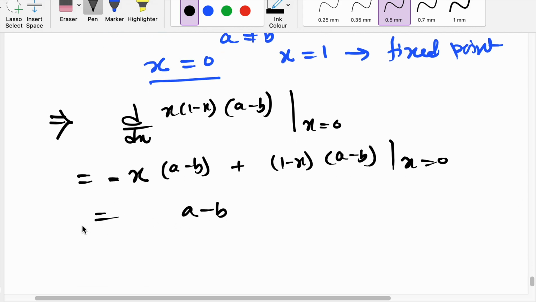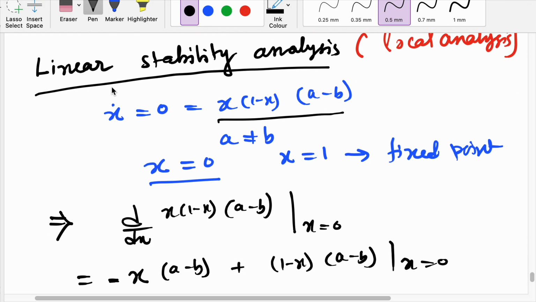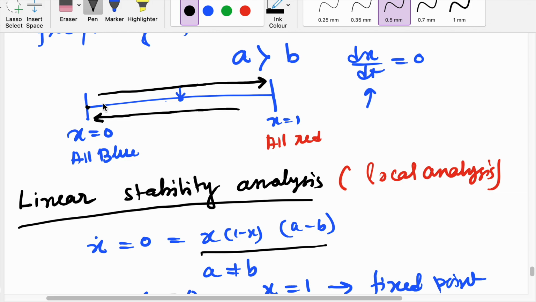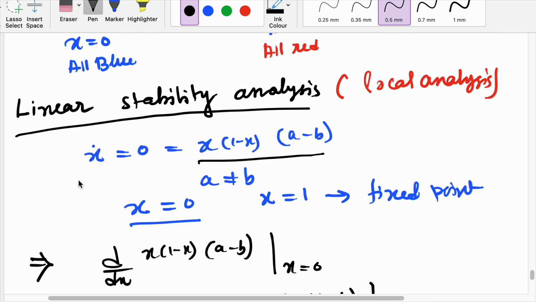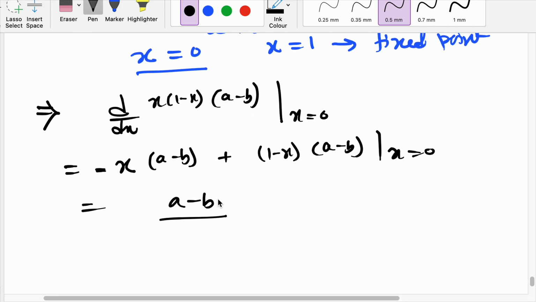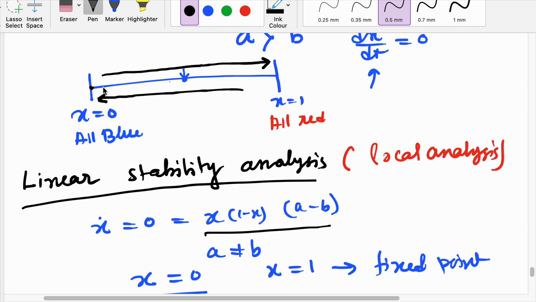So it says that near about x equal to 0, this is the quantity, the change of the velocity is in this manner. That means if a is greater than b, then the population will always, from near about x equal to 0, go in this direction.